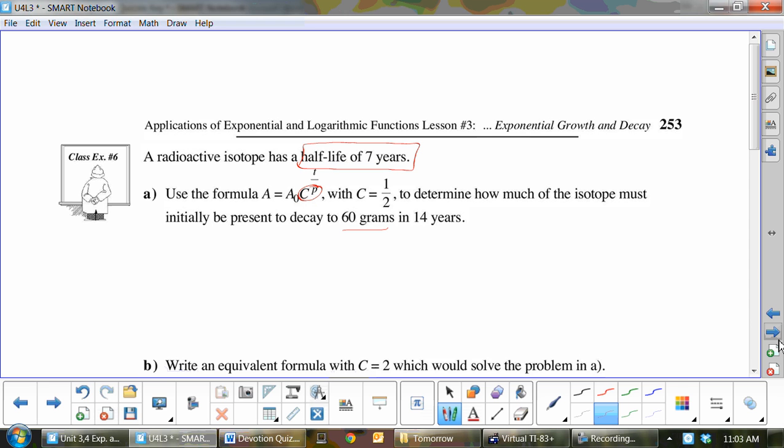What am I looking for? A naught. Like right now, how much do I have? So 60 equals A naught times 1/2 to the power of 14 over 7. So this one is so easy, you don't even need logs. Just go 1/2 to the 2, or 60 divided by 1/2 to the 2.